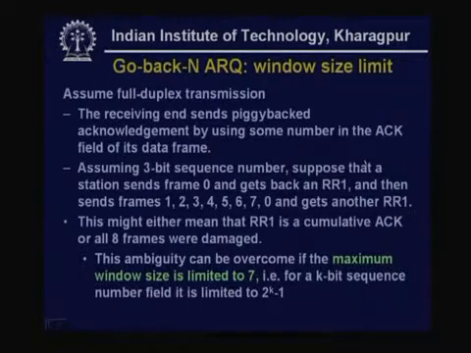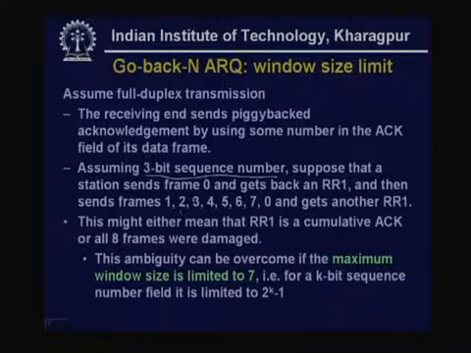Let us see the window size limit in case of go back N ARQ. Let us assume full duplex transmission is going on. The receiving end sends a piggybacked acknowledgement by using some number in the acknowledgement field of the data frame. Let us assume a 3-bit sequence number is used, and obviously the window size can be up to 8.